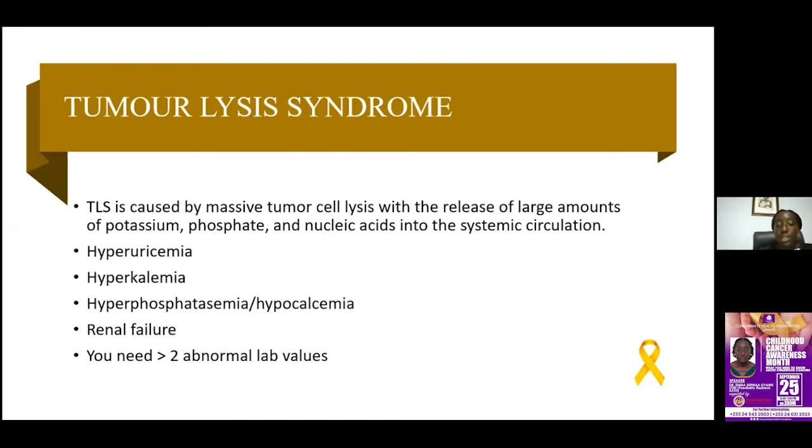And these nucleic acids are broken down to uric acid, and these result in hyperuricemia, which, if it's not well managed, can lead to acute kidney injury, because this uric acid will form crystals that are deposited in the renal tubule and also deposited in the renal vasculature, reducing perfusion, reducing glomerular filtration, and resulting in an AKI. So this has to be managed immediately and appropriately.